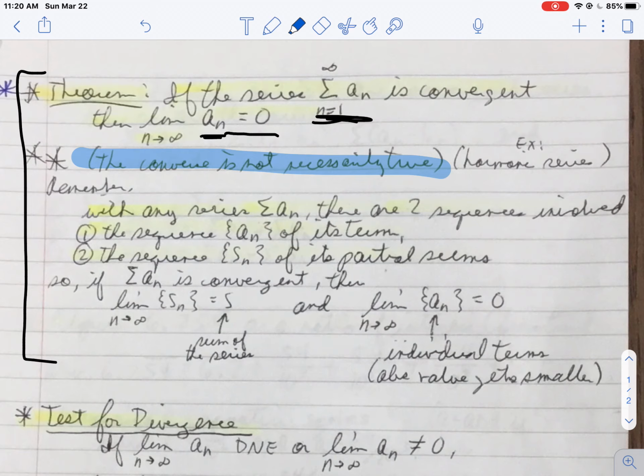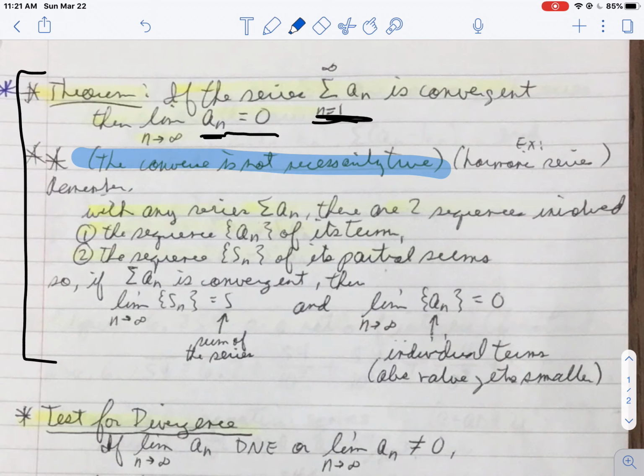Take the harmonic series that we just looked at, the sum as n goes from 1 to infinity of 1 over n, where the limit as n approaches infinity of 1 over n is 0, but we showed that that was a divergent series, not convergent. So be careful with this. If the series is convergent, we know that the limit of the terms of the series has to approach 0.